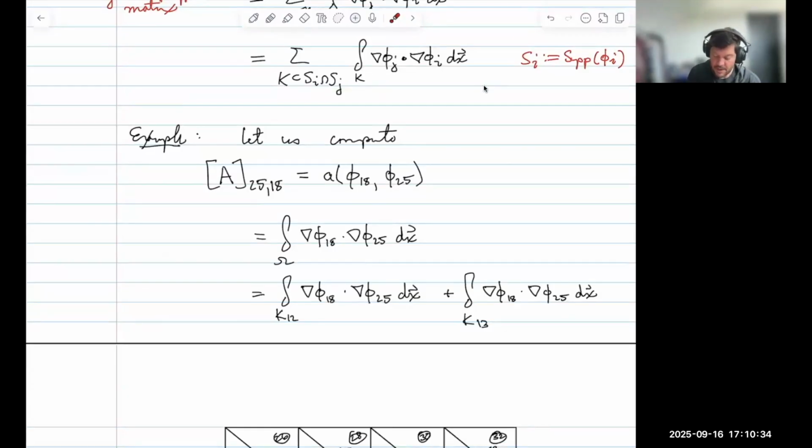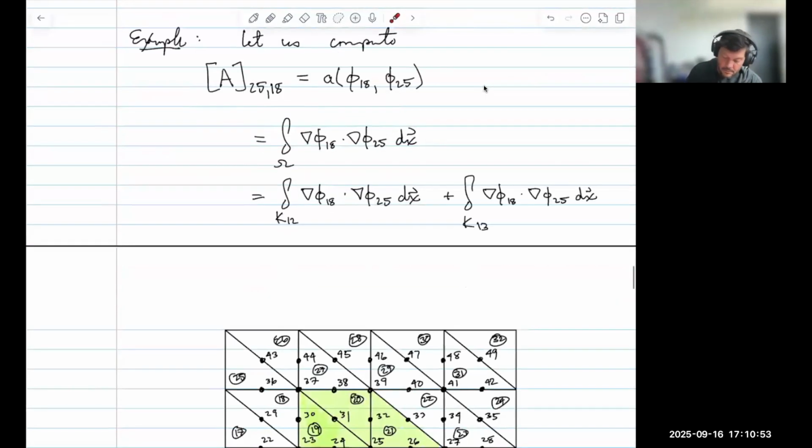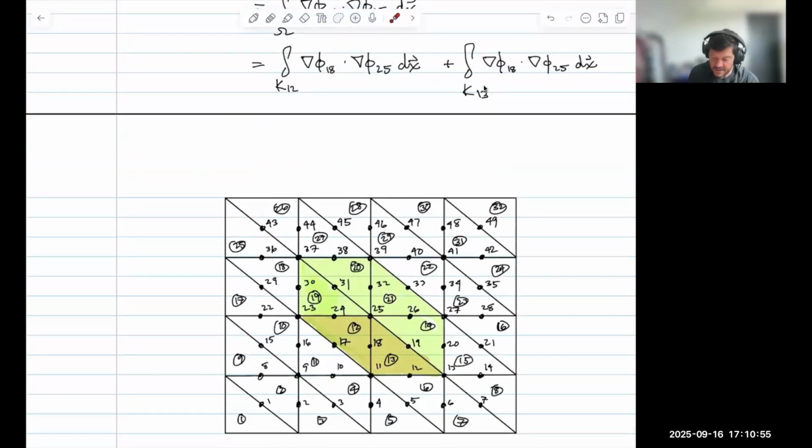For the case where we had these piecewise quadratic approximations, let's compute the 25,18 entry of the stiffness matrix A. By definition, it's equal to A(phi 18, phi 25). That's from this example here.